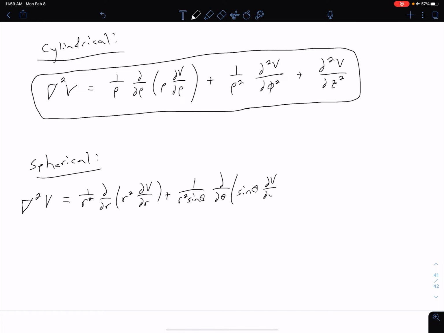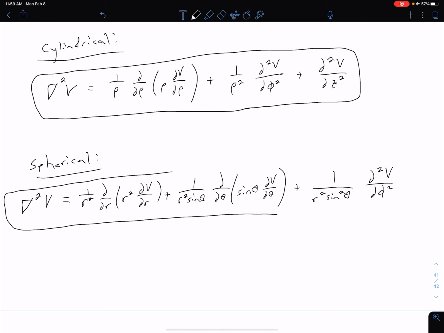So with both of these r and theta terms, again, we want to be sure to do these partial derivatives first, multiply by these terms, and then do the second partial derivatives there. So once again, just be careful with your order of operations. Then finally, for our last term, 1 over r squared sine squared theta times the second partial derivative of V with respect to phi. And so that is the expression for our Laplacian in spherical coordinates.